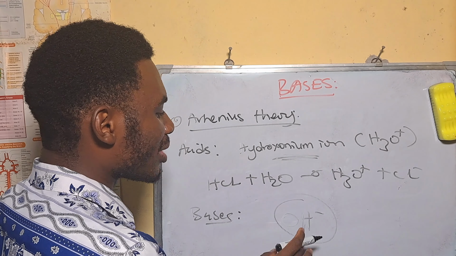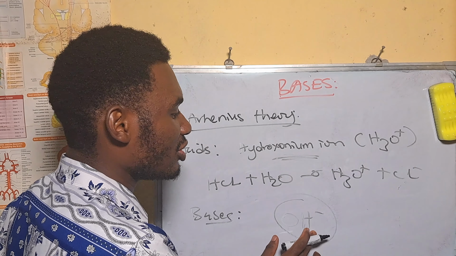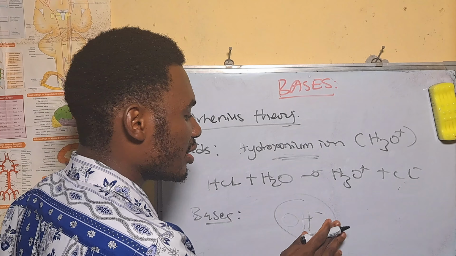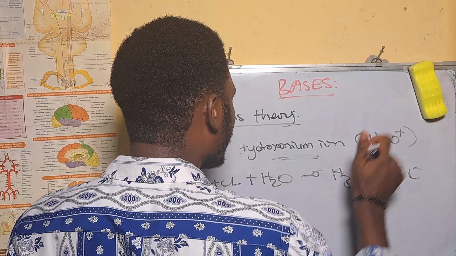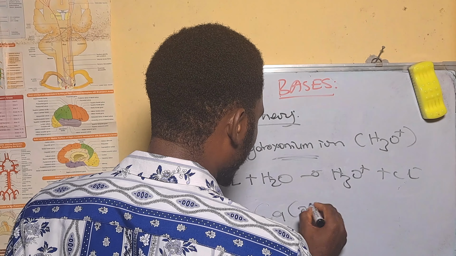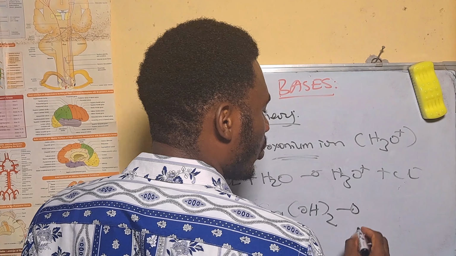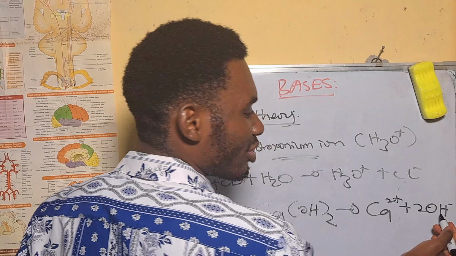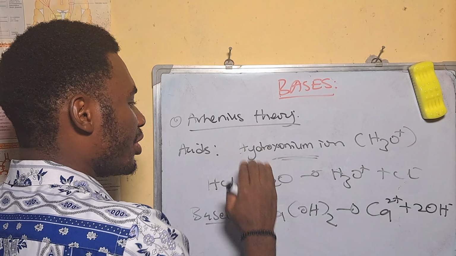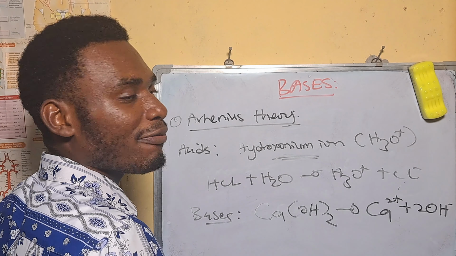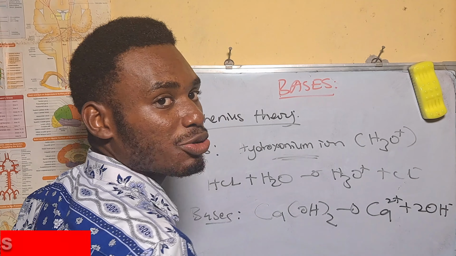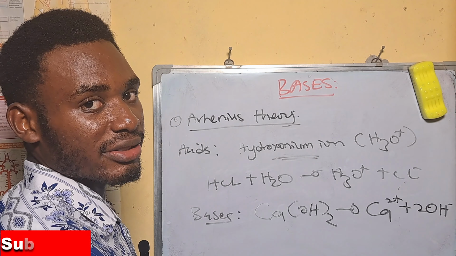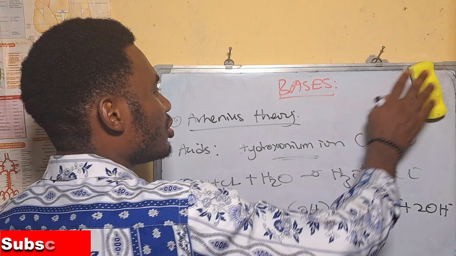If a substance reacts with water and forms this ion by ionization, it's a base. So for example, you have calcium hydroxide. When it's ionized, it's going to form calcium ion plus hydroxide ion. So according to this theory, any substance that forms hydroxide ion when it reacts with water is a base. So that's the Arrhenius theory.